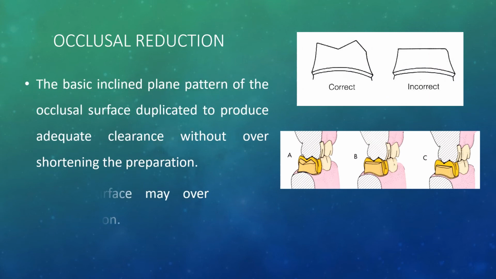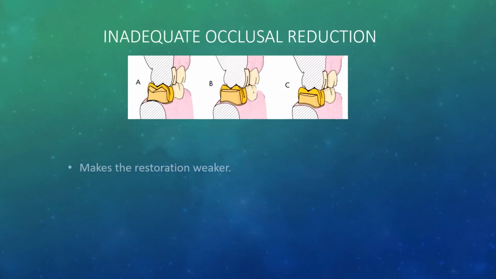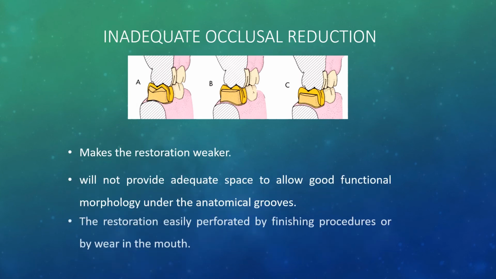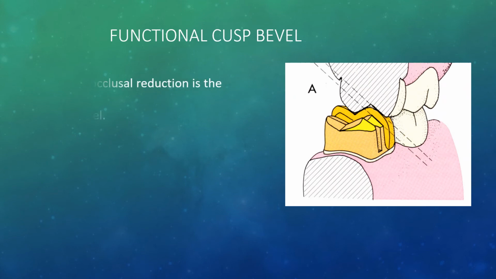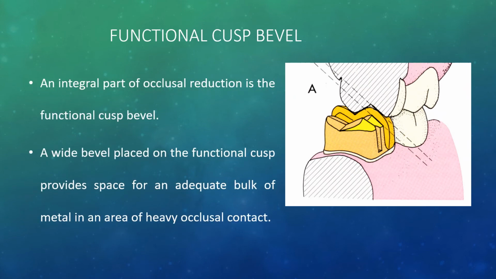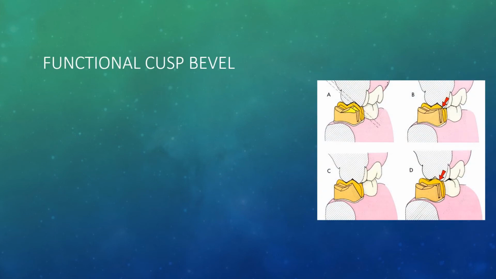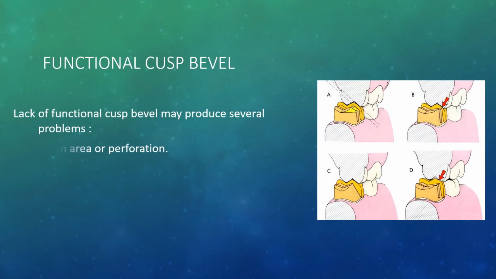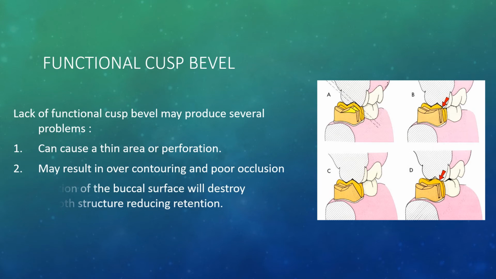Okay, so we have seen occlusal reduction. Inadequate occlusal reduction also seen. So functional cusp bevel, if there's a lack, what happens?